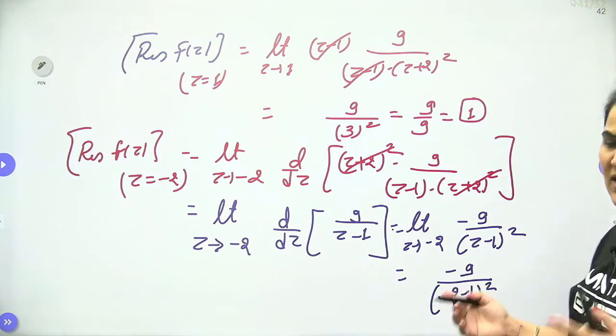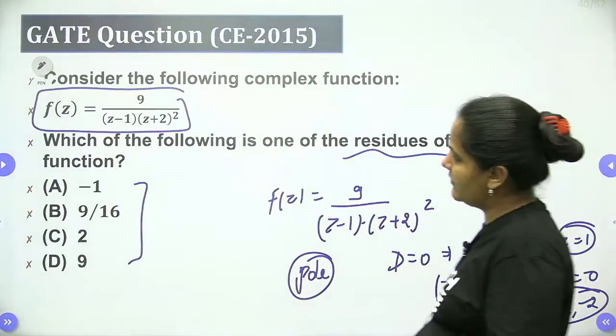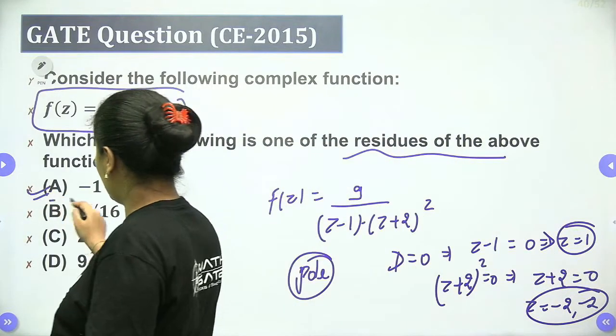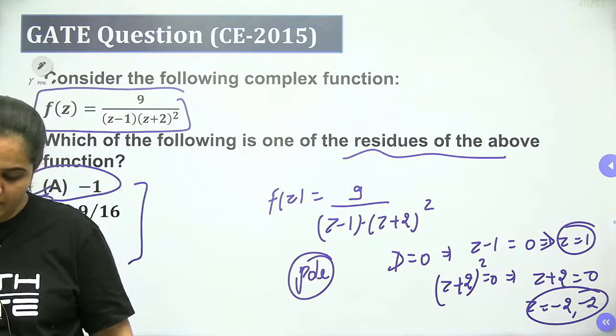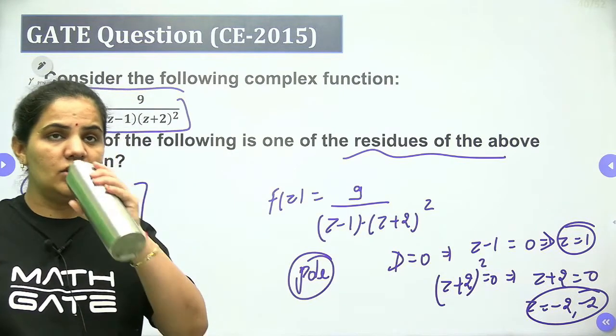That will be minus 9 by (minus 3) square, so it will be minus 1. So according to me, the answer will be minus 1, which is in option A. So option A is the residue.